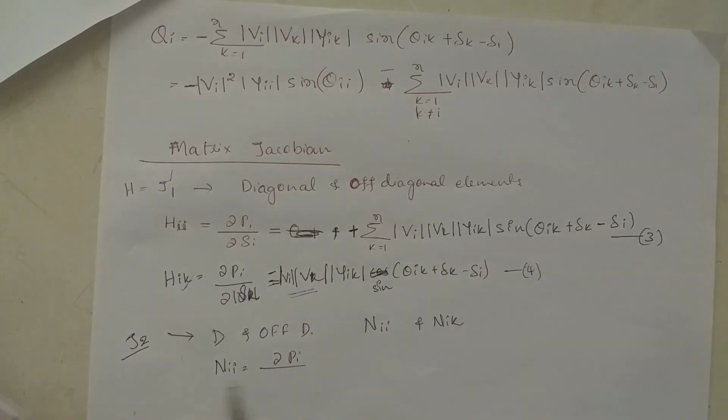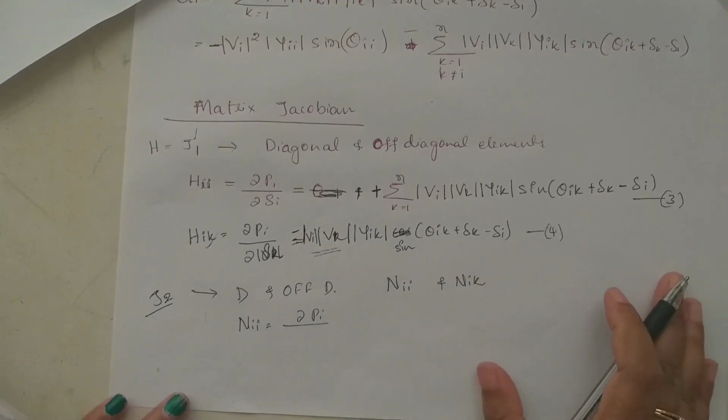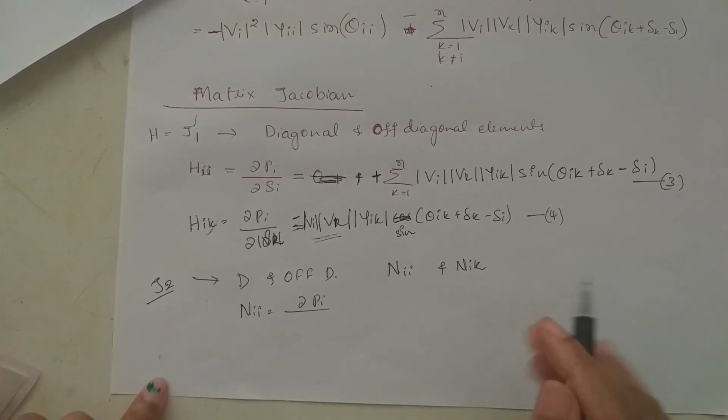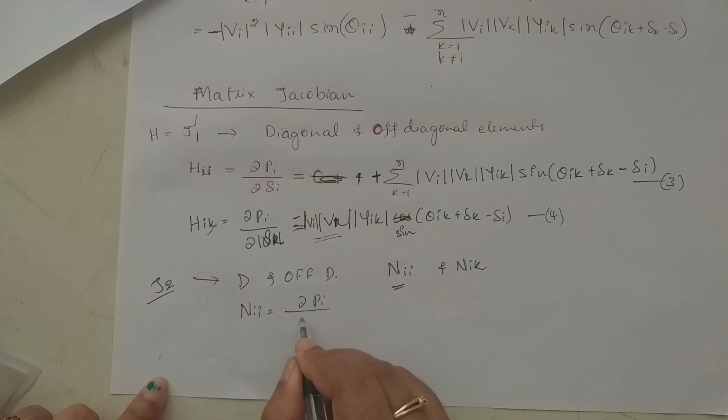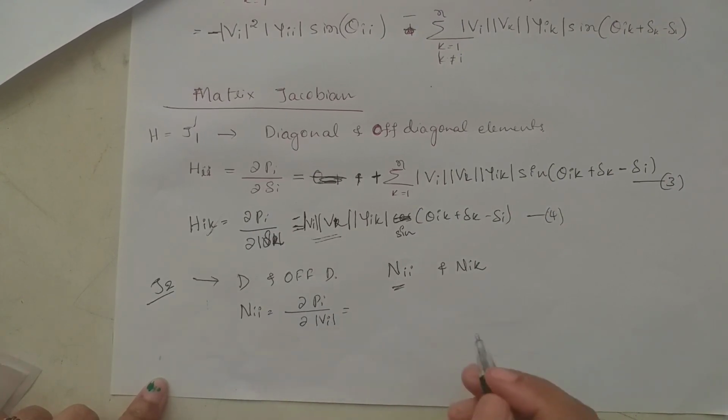Next we have to find the matrix J2 which is also called matrix N. Here also we have to calculate the diagonal elements as well as off diagonal elements. Okay, the diagonal elements are Nii, the partial differentiation of Pi with respect to Vi.